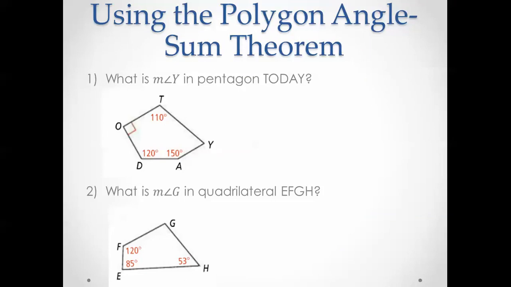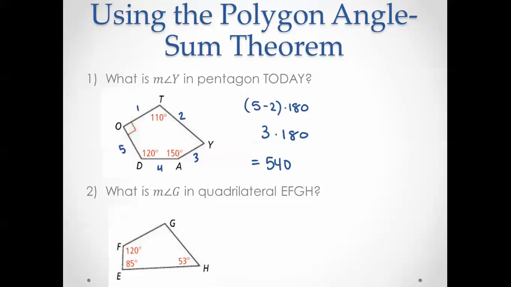Let's use the Polygon Angle Sum Theorem to find some missing angle measures. Number 1, what is the measure of angle y in pentagon TODAY? We have all these angle measures. We know it's a pentagon, it has 5 sides. So we're going to use 5 minus 2 times 180, which is 3 times 180, which is 540.